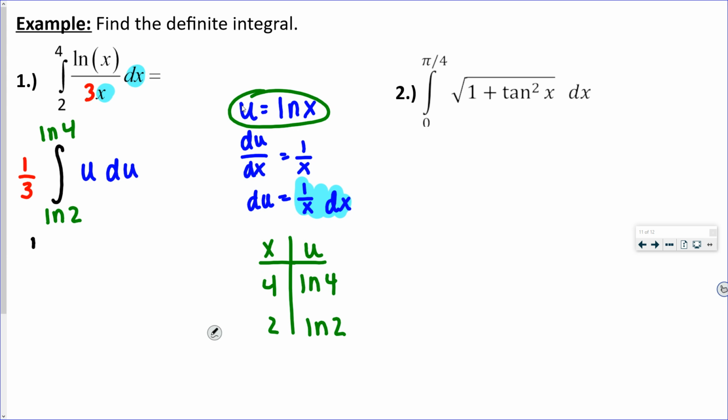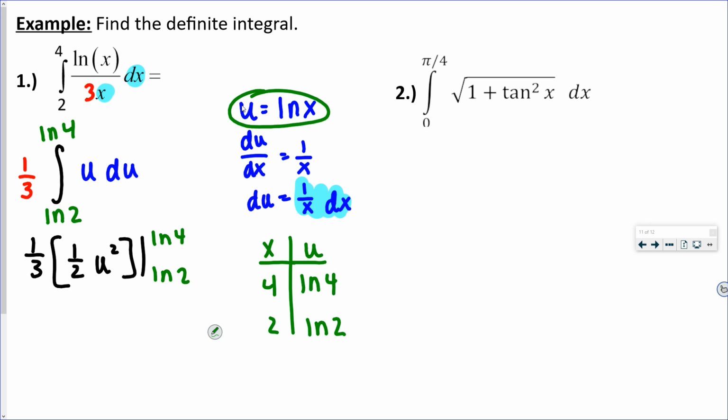Okay, so that 1/3 carries down. Antiderivative of u, 1/2 u squared, add 1, divide by the new power. Plugging in natural log of 4, natural log of 2. Okay, so again, since I changed my bounds, I don't have to resubstitute back in ln x for u.